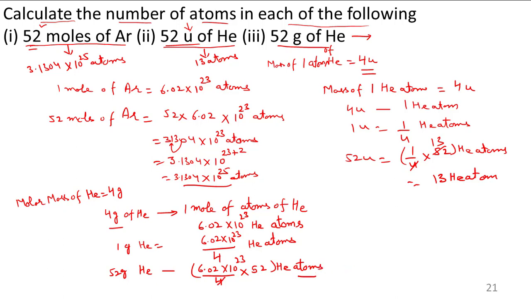So 52 divided by 4 is 13. 13 into 6.02 is 78.26, into 10 raised to the power 23 atoms, or we can say 7.826 into 10 raised to the power 24 atoms. So this is the answer.